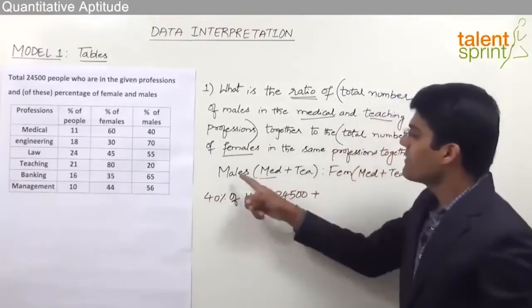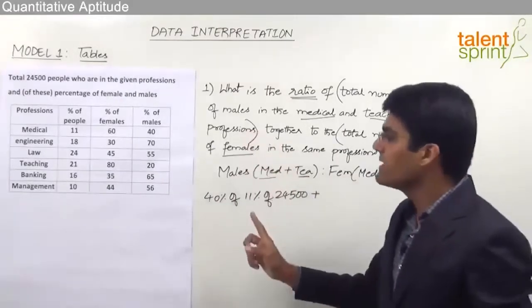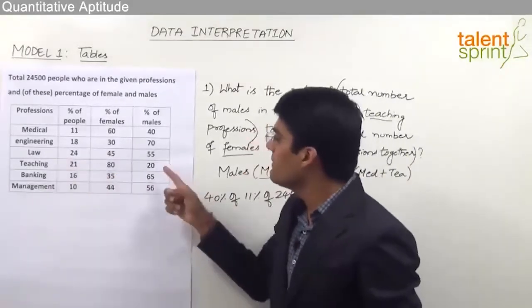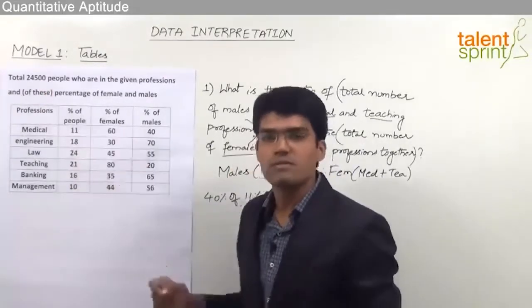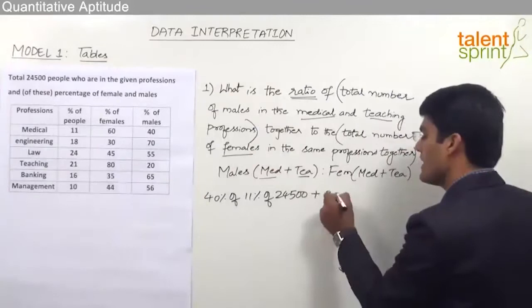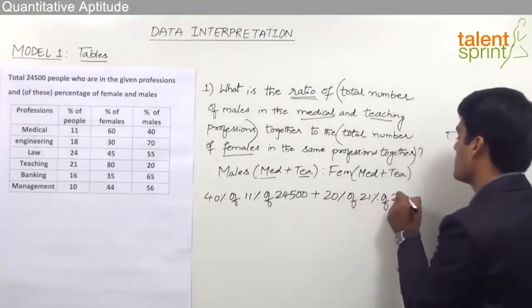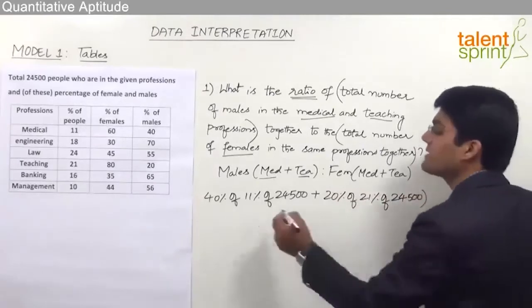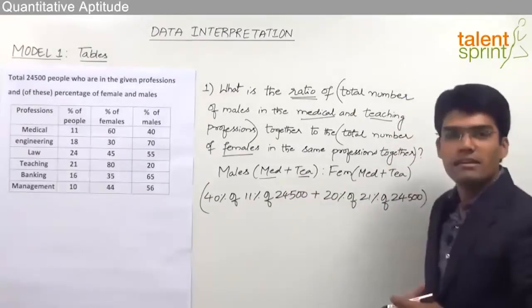Plus, the second part is males in teaching. Again, going by the same concept, males in teaching will be 20% of 21% of 24,500. So this is the total number of males in medical as well as teaching. That's the first part in the ratio.